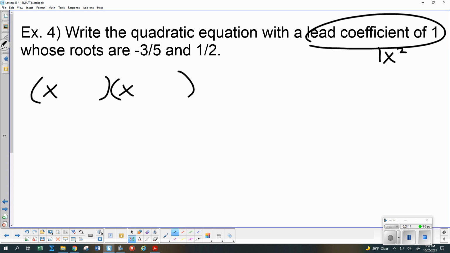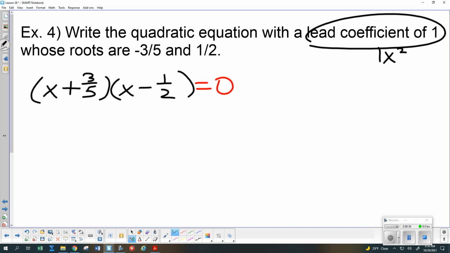So, from what we did before, we had to take the opposite sign in there. So x minus the minus 3/5 becomes a plus 3/5. And then we have x minus the 1/2. What do I need on the other side before I go on? It's got to be equal to 0, or it doesn't have any solutions.